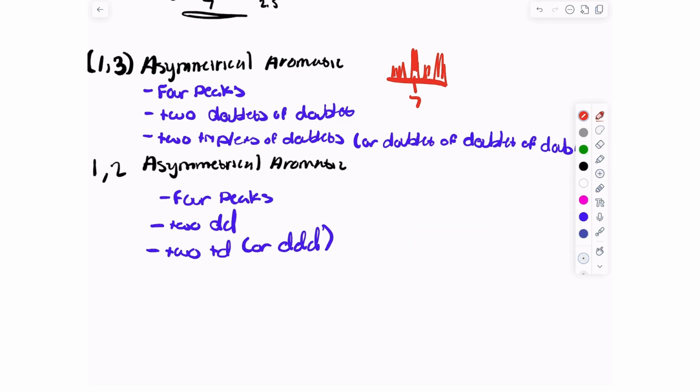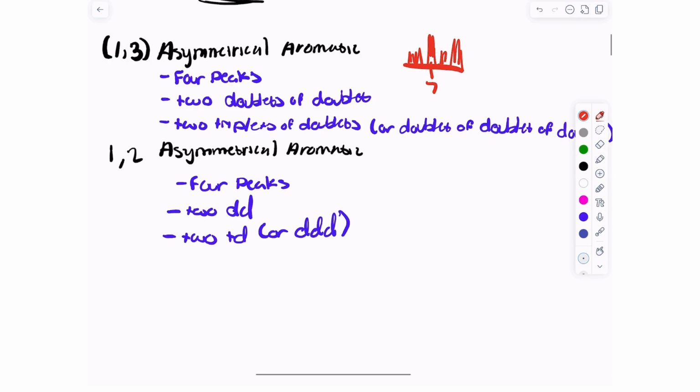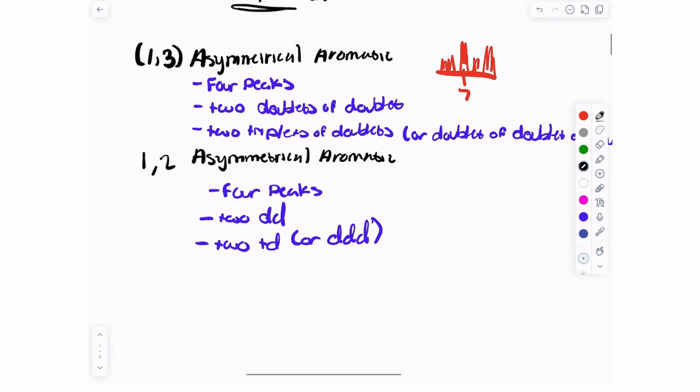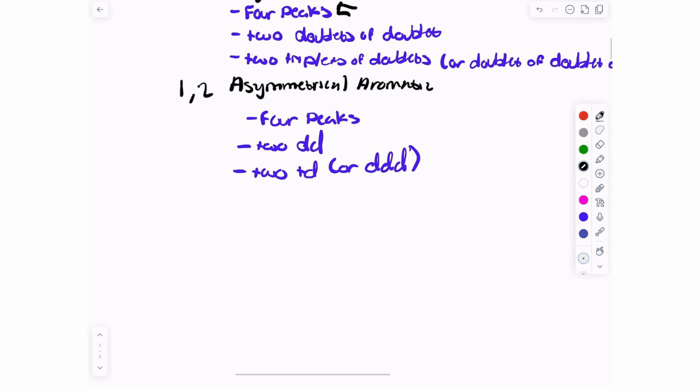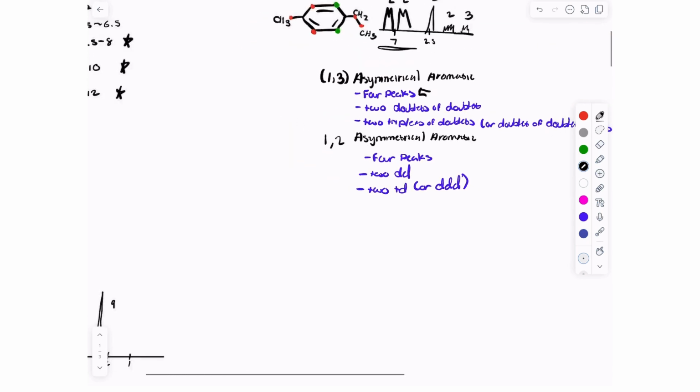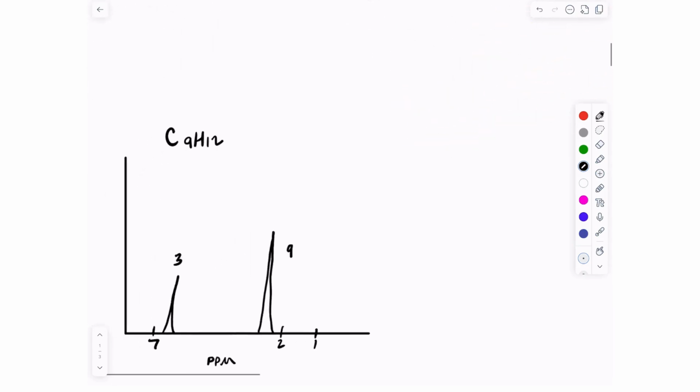Yeah, it's just weird. It just looks like a weird mess. But like I said, for 1,3 and 1,2, all I would really say is check to see if there's 4 peaks. That could indicate that you have a 1,3 or a 1,2. Okay. Now, I have some problems that I'm going to go over.